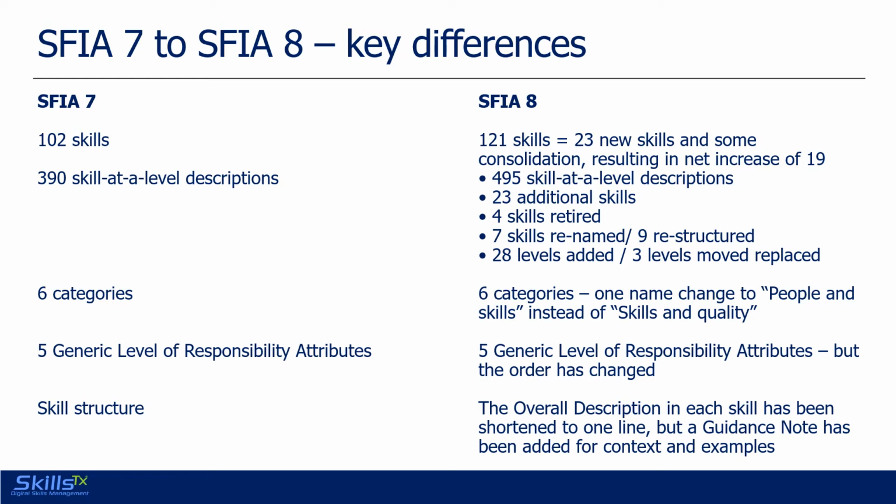They're a much better summary to describe what that skill is about. And we've moved some of that more wordy content into a nicely condensed set of guidance notes for each skill. So that gives you a bit of additional context and examples of how that skill is deployed in organizations.